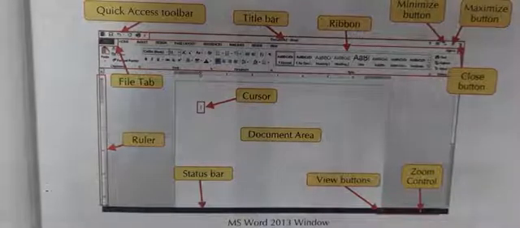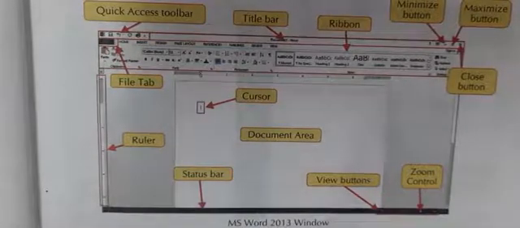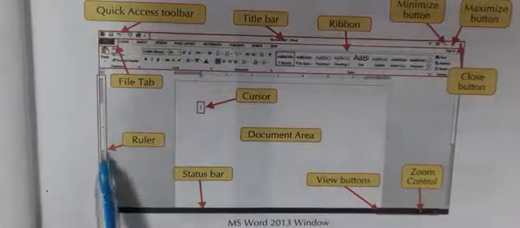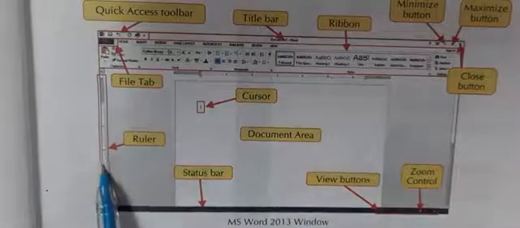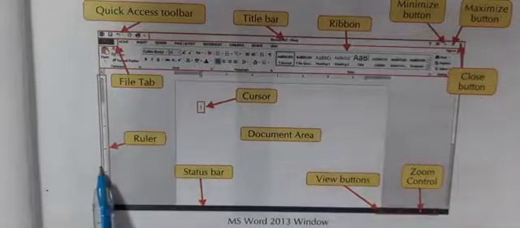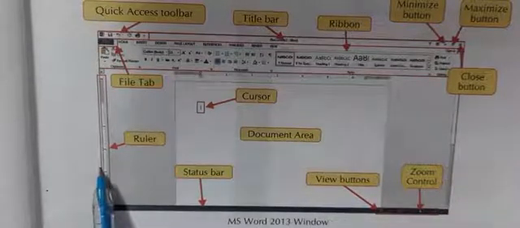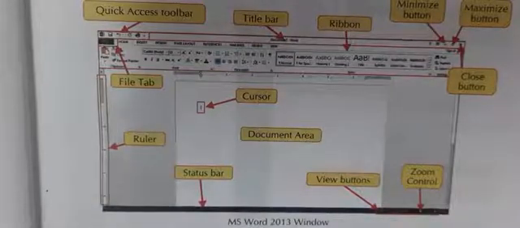Then the next part of the MS Word window is the ruler. What is a ruler? A ruler is used to scale the document and also used to decide the width or length of a document.